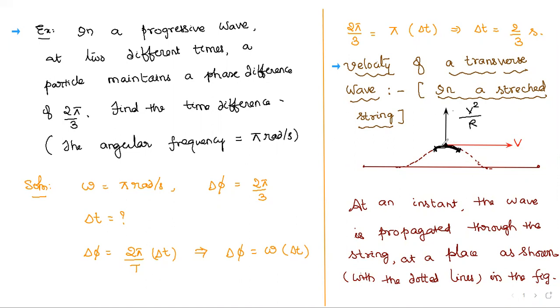This part's mass, who knows? Mass of the total string I know, but mass of that part I don't know. Let it be some dm. So on that small element, at this instant, the centrifugal force is mv square by r, with mass considered as dm. So you understood this point first, Nana? Is it clear?